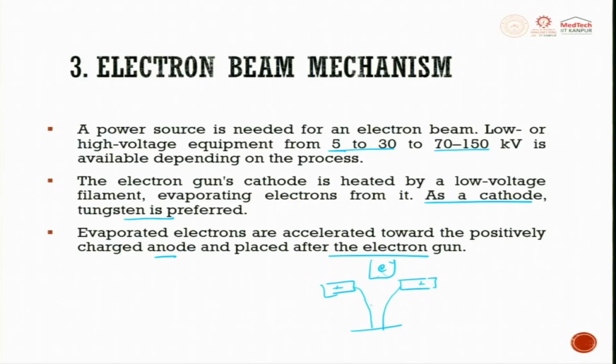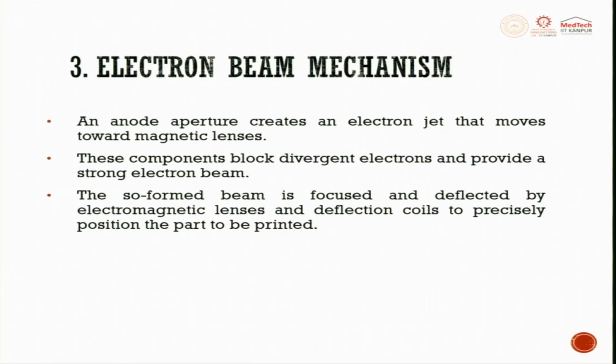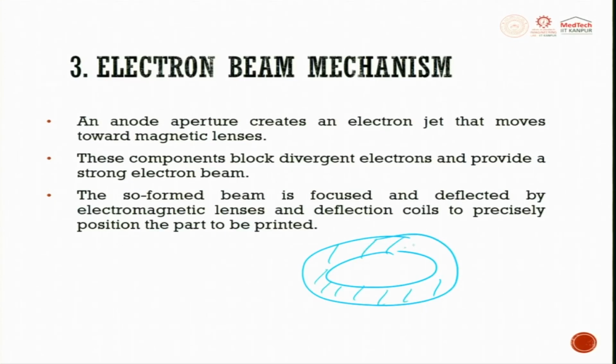It will not get attached here, but it will try to go, and then this will try to push it and it will come down. An anode aperture, that is what I said. This aperture means, a donut, something like this, this is an aperture, and here you have your electron, this is your electron gun.